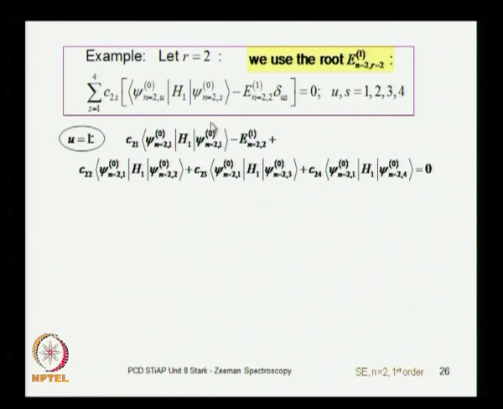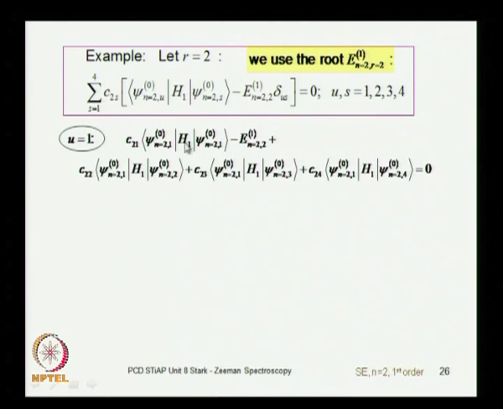All we have done over here is to put r equal to 2 and u equal to 1 in this, and then there are 4 terms coming in from here, and this is the 5th term. Okay. But this term has a Kronecker delta, delta us, so it will give you a non-zero contribution only when u is equal to s. Okay.